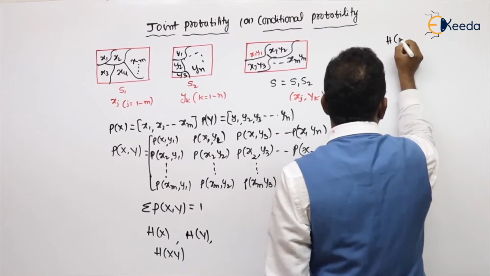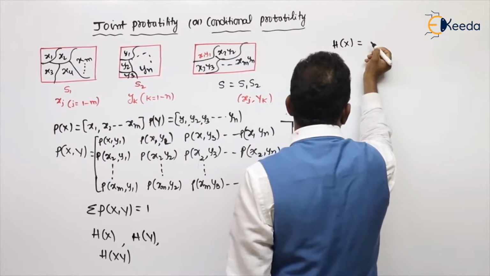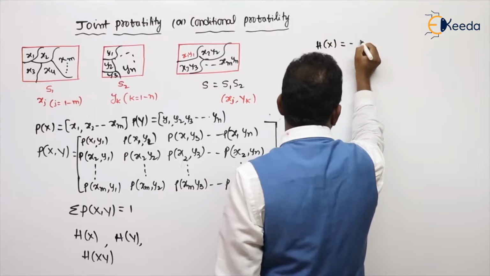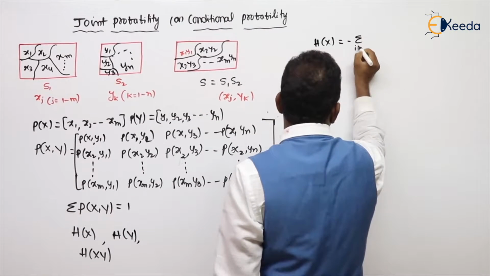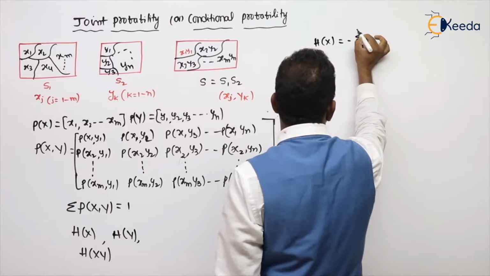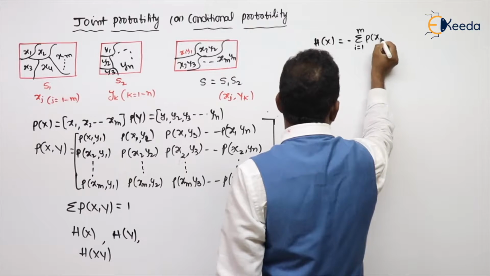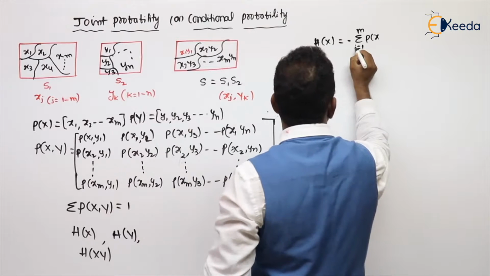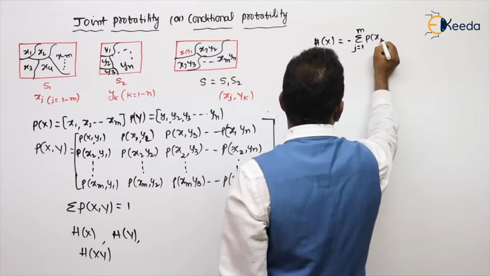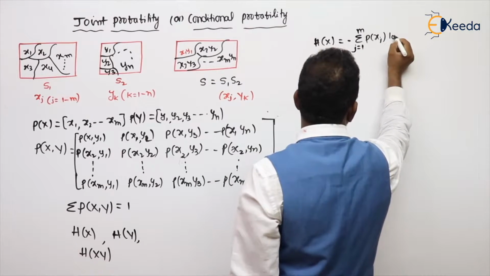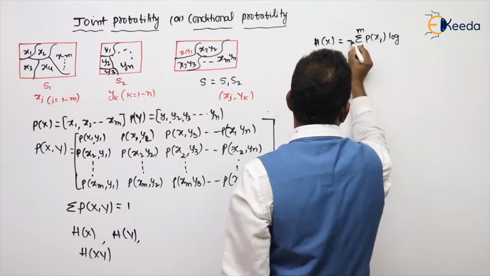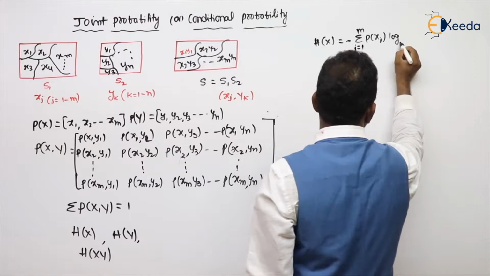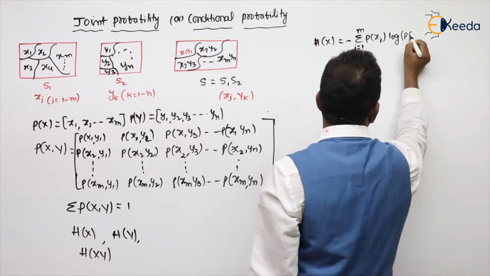What is the H of x? We know the formula: minus summation j equal to 1 to m, P of xj into log, base is 2 only, of 1 by P of xj.